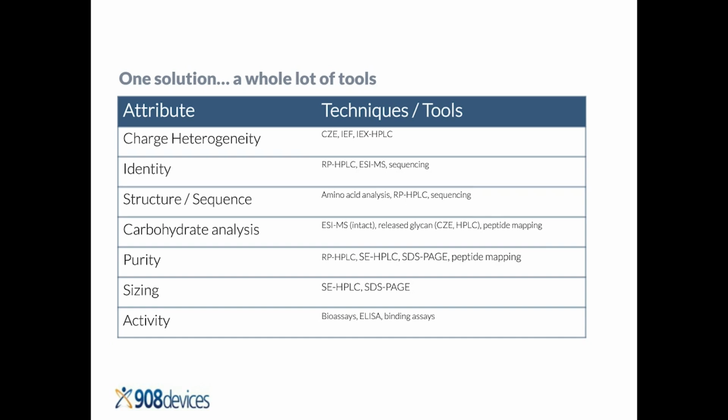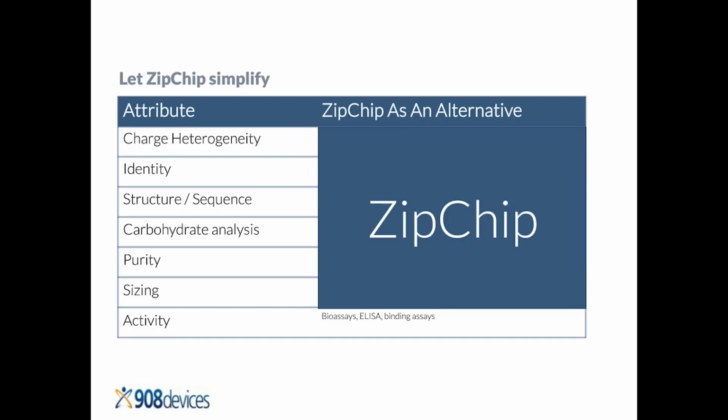So where ZipChip really fits into this picture is as a simple alternative to many of these attribute characterizations. So we can use a single platform to get at charge heterogeneity, identity, structure, carbohydrate, purity, or sizing, and if we wanted to, in a single day. So instead of being complicated, it's pretty simple.